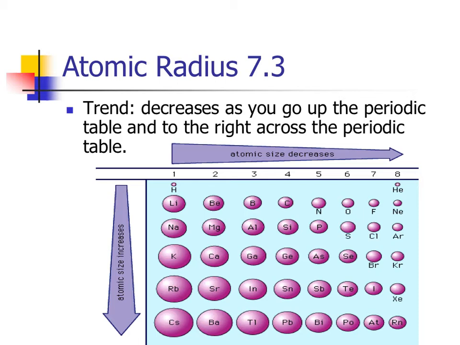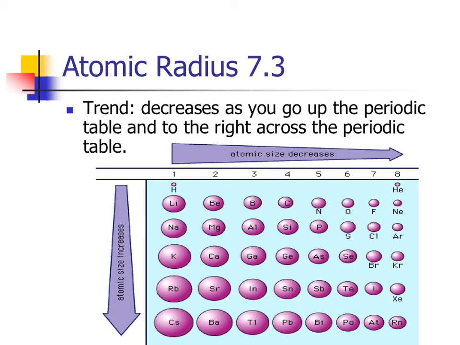And then they start pulling themselves back in as they go from left to right, all the way over to argon. And then the same thing happens when it bubbles back out to potassium, and then starts pulling everything back in all the way over to krypton.